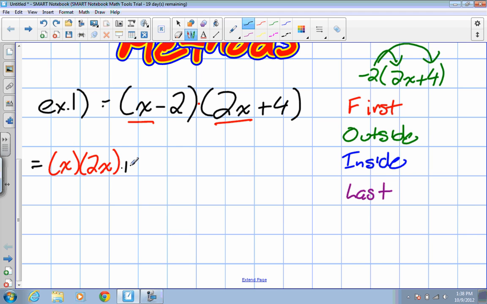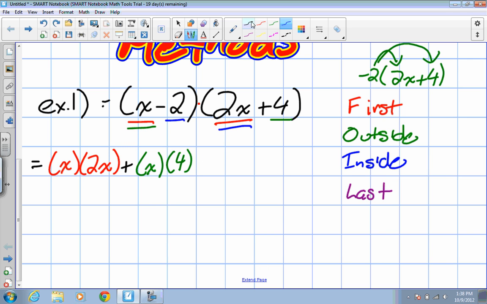Then, outside terms. Well, the outside terms are the two terms farthest to the left and farthest to the right. In other words, x and +4. We multiply those two by each other. The inside terms are the terms closest to the inside left and inside right, which are -2 and 2x.